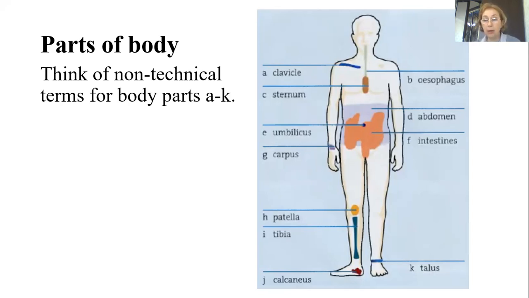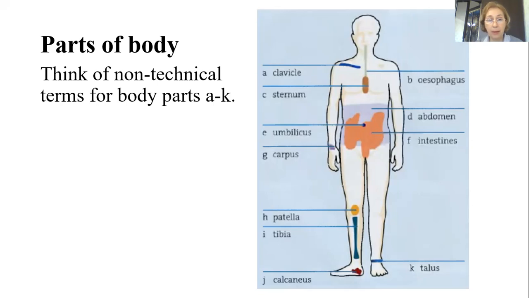Knee joint or kneecap, right? Tibia, shin bone. Then the calcaneus, heel, exactly. And talus, ankle bone. Good. So we've revised some parts of the body.